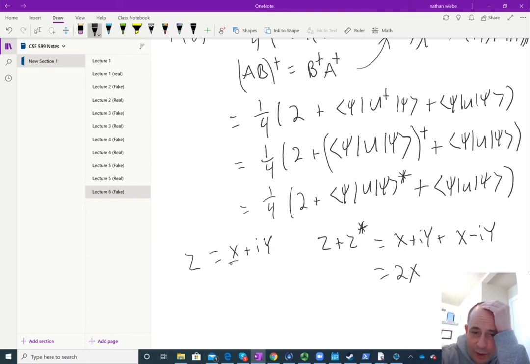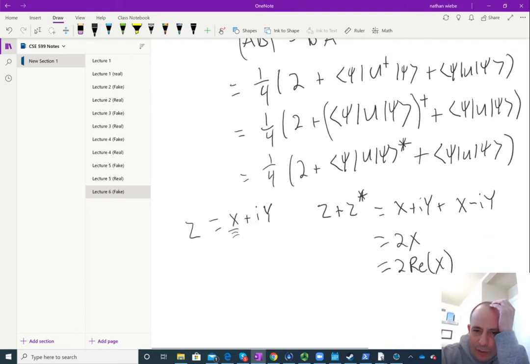And x is the real part of the complex number. So this whole thing is 1/2 of 1 plus the real part of psi u psi.